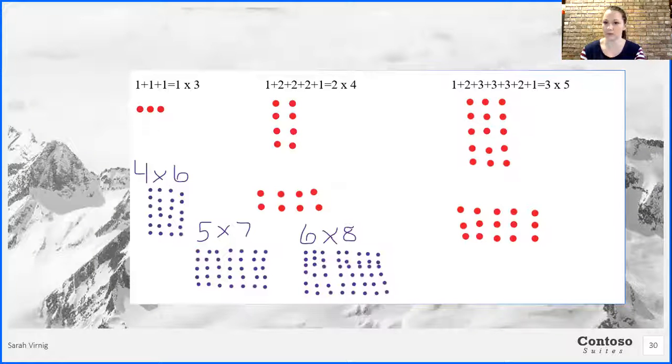Now our next one, our numbers are increasing. So we have 1 plus 2 plus 3 plus 3 plus 3 plus 2 plus 1 equals 3 times 5. And we can see here I have 3 rows of 5. We can also make sure that it's correct because we know that 3 times 5 is 15.